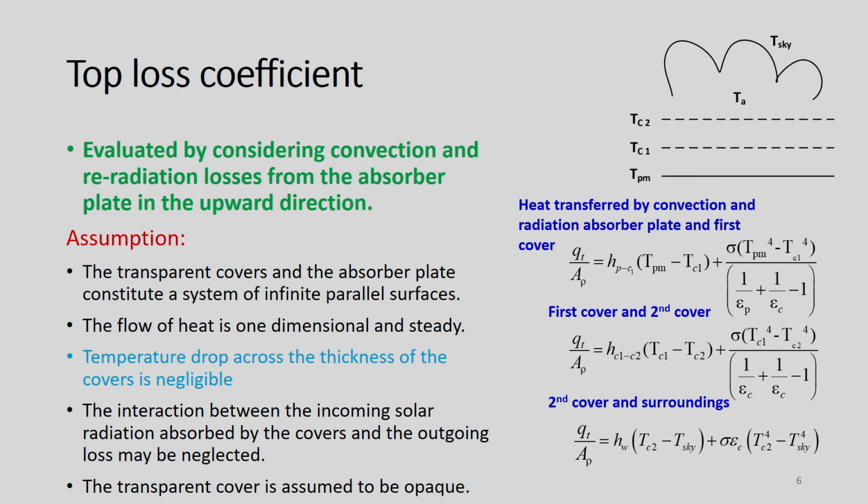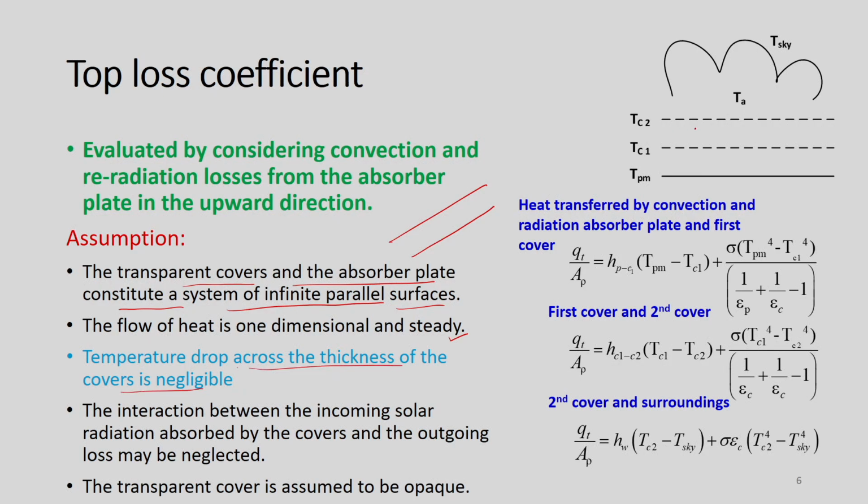First assumption is the transparent covers and the absorber plate constitute a system of infinite parallel surfaces. So, it is assumed that plates are infinite, and the flow of heat is one dimensional and steady. The temperature drop across the thickness of the cover is negligible.